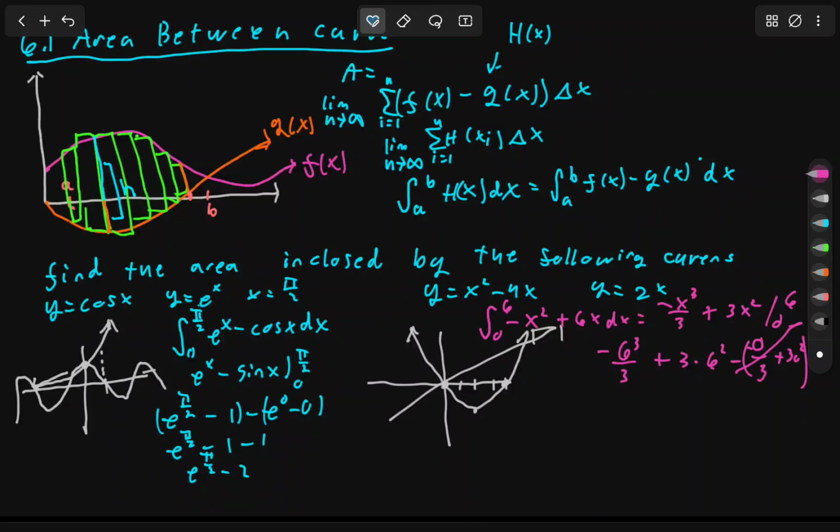But what is negative 6 cubed? Well, that is going to be the same thing as negative 216 divided by 3, which, if I do my math right, is negative 72. Alright, yeah, negative 72. Well, 3 times 36, that's the same thing as 3 times 6, that's 18, so 108.